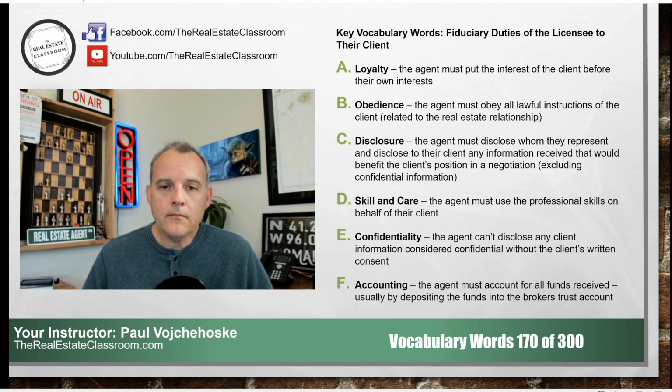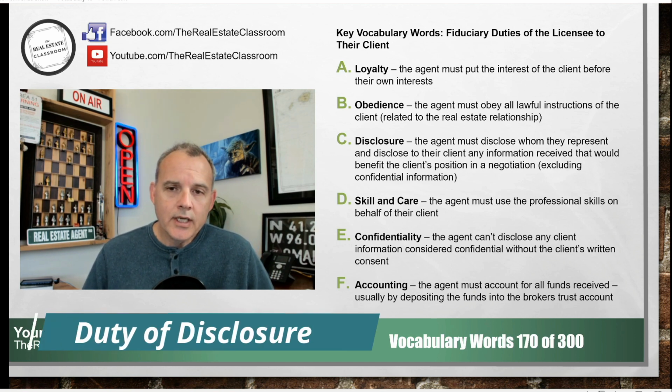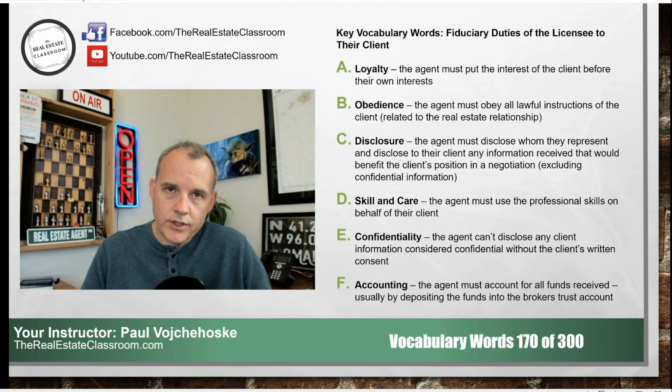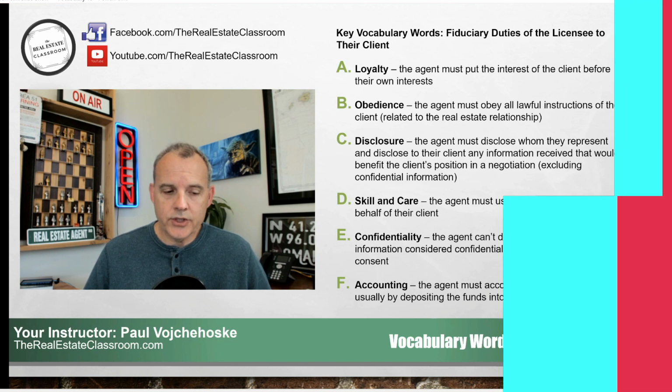The next one is disclosure. Disclosure falls into two categories. The first is that the agent must disclose at the beginning of the relationship who they represent. Number two is that, as the relationship progresses, the agent must disclose to their client any information they receive that would benefit the client's position or negotiation position.